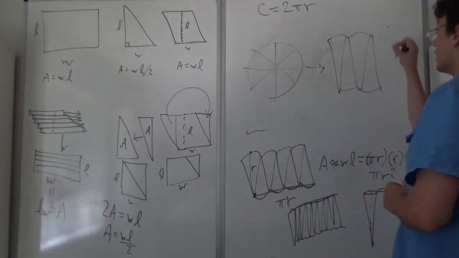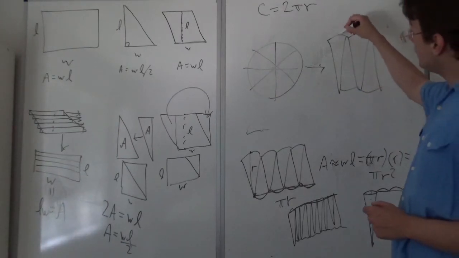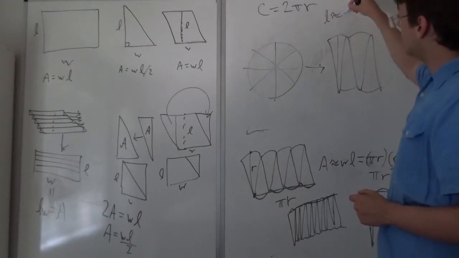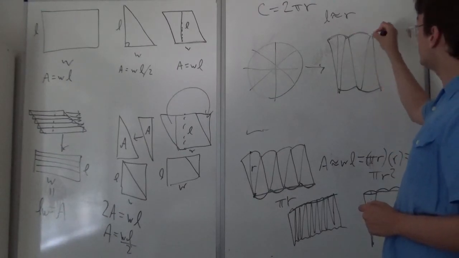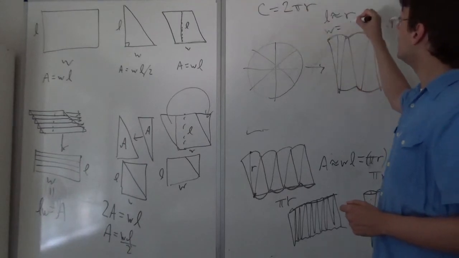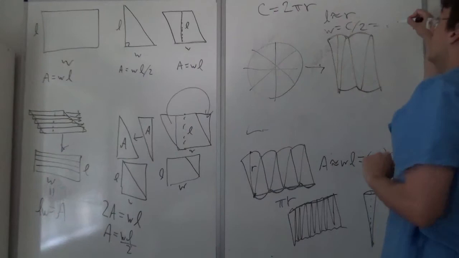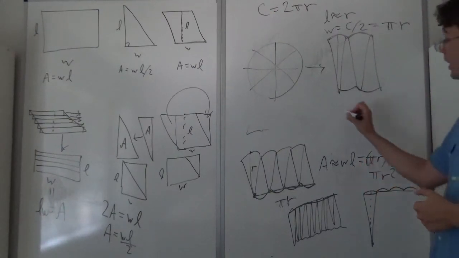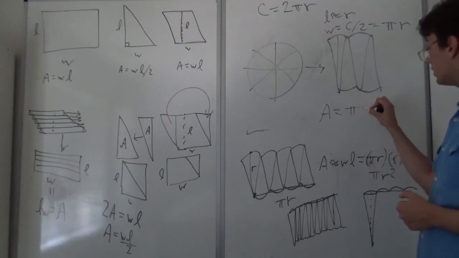Like that, okay? And then we see that the height, or the length, is roughly speaking the radius, and this right here, since it's on both sides here, the width is half of the circumference being 2 pi r, therefore it's just pi r. Okay? And that gets us A is equal to pi r squared.